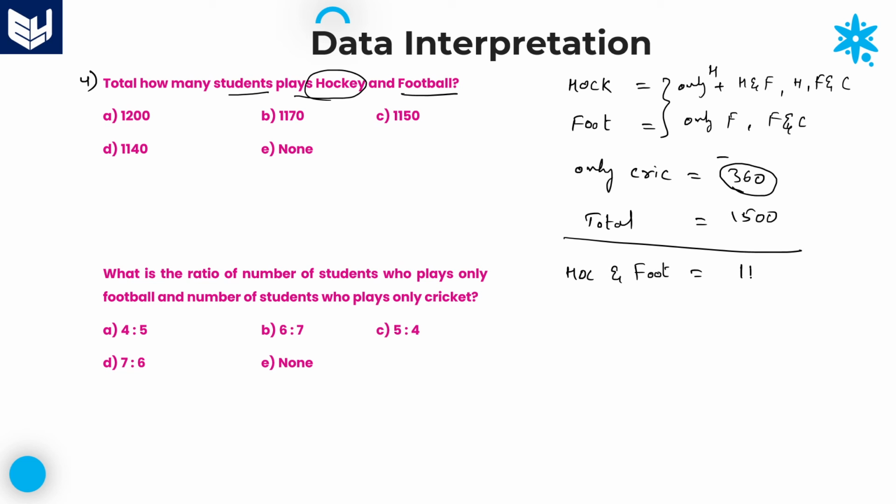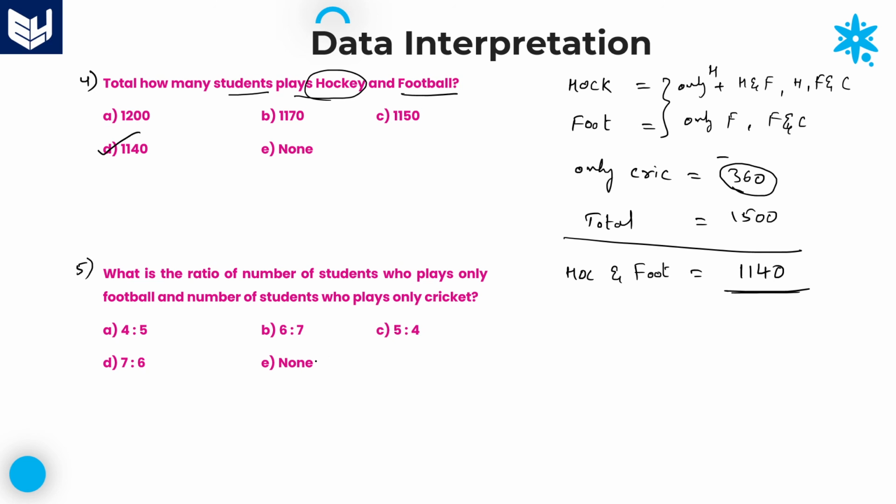That is 1140. That is the difference between the total number of students and only cricket, which gives you the number of students who are playing hockey and football. Among the options, option D is the right answer for this question. Option D.